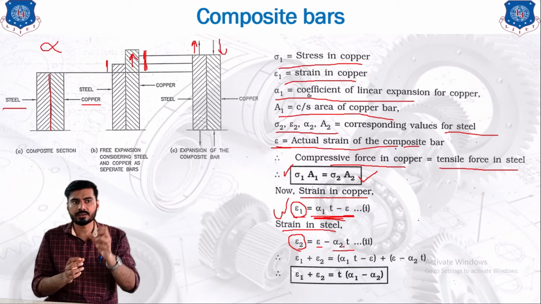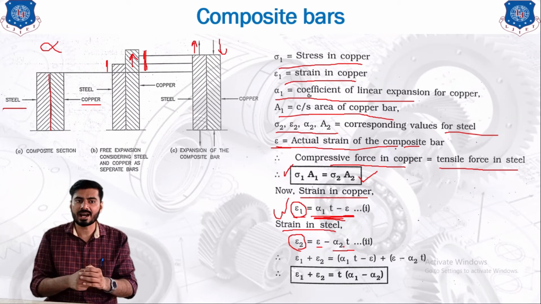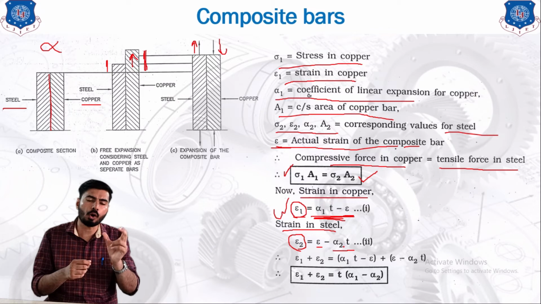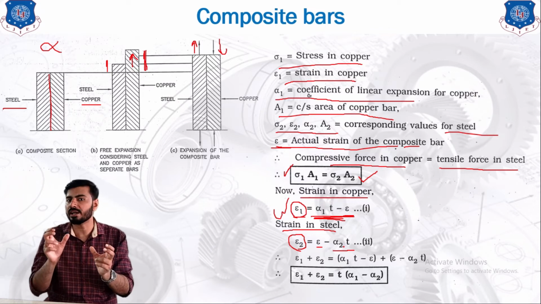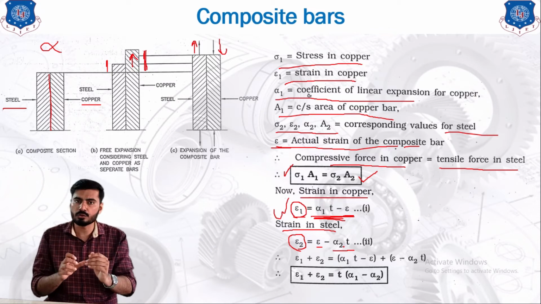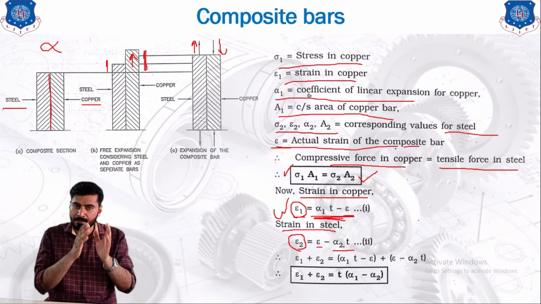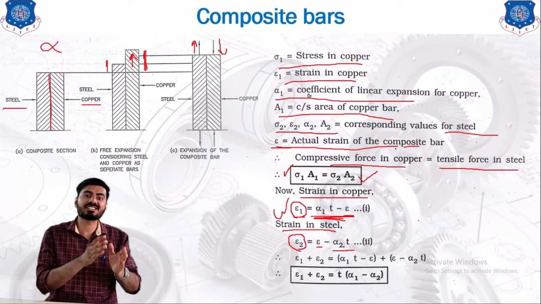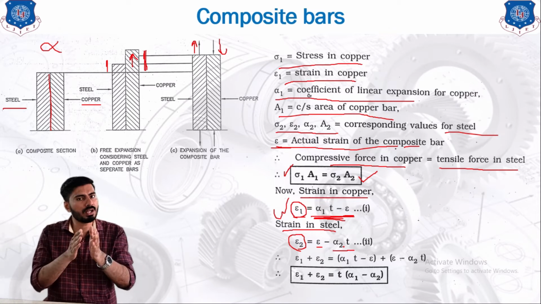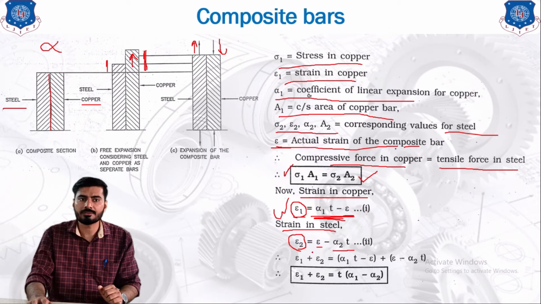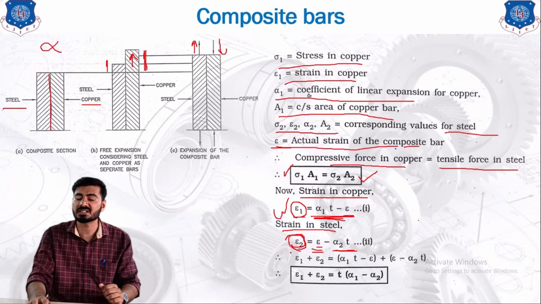If you work it out from here, you will find that epsilon will always be greater than alpha 2 into T, and epsilon will be less than alpha 1 into T. That is why we remember that we will always subtract the smaller value from the bigger value. So epsilon minus alpha 2 into T will give you the value of epsilon 2, which is nothing but the strain in the steel material.